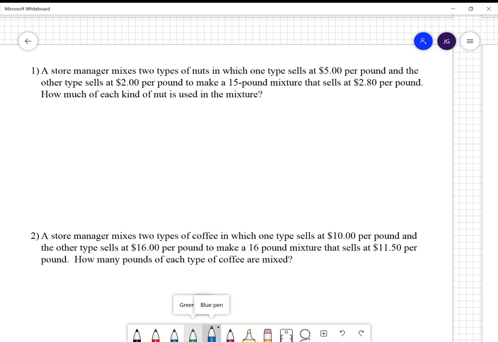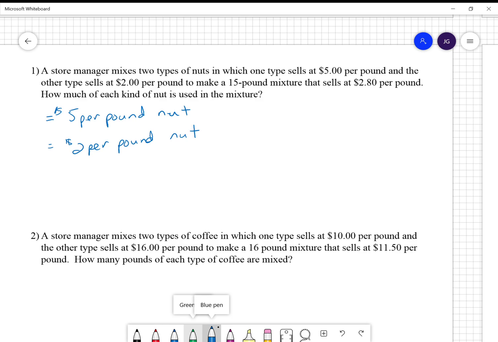How much of each kind of nut is used? Okay, so we have two kinds of nuts. They don't give me any names, so we're going to say $5 per pound nut and $2 per pound nut.